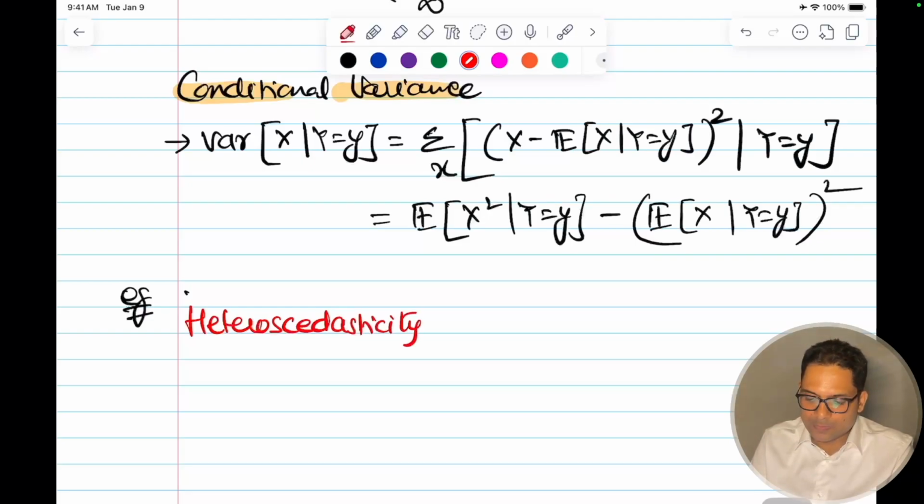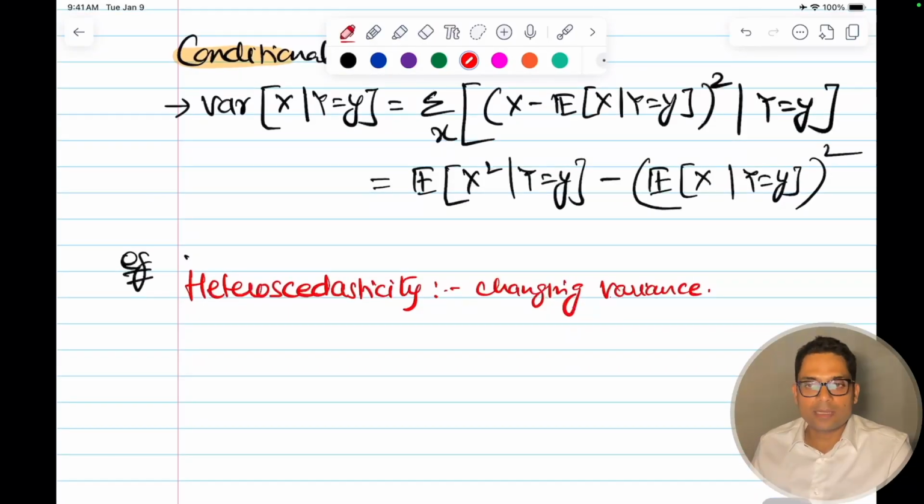This is the measure of changing variance. When we learn about linear regression, this is one of the assumptions. So this is the changing variance.